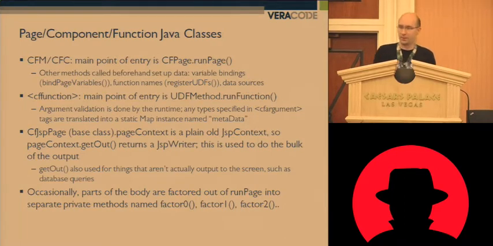So the way these classes work in ColdFusion is that generally there's one function that is the entry point. For pages and components, that method is called runPage. For UDF methods, it's named runFunction.